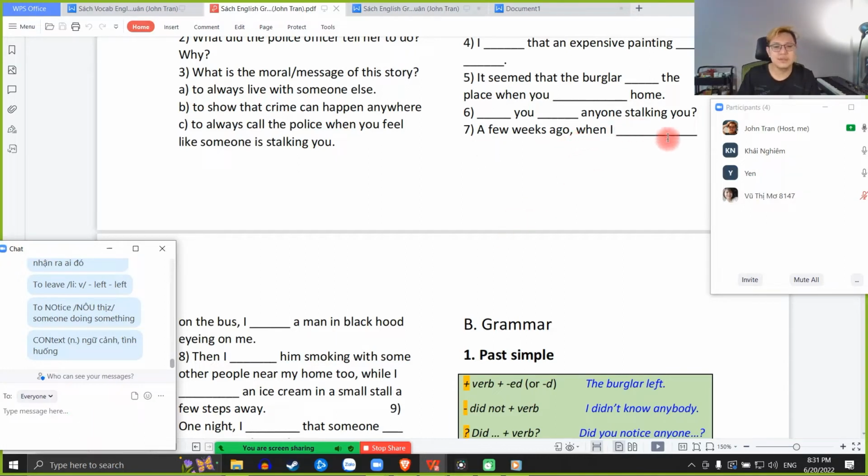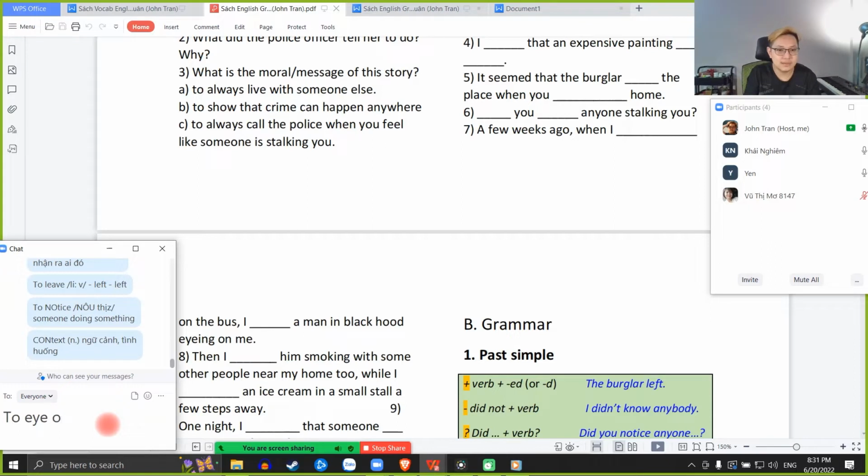Black hood means something that you can wear as a hood to cover your head.